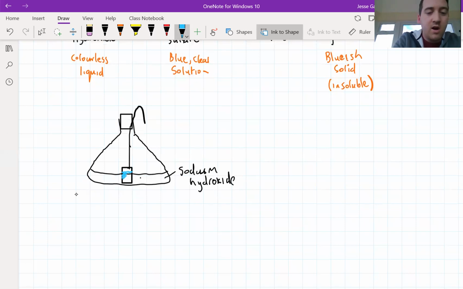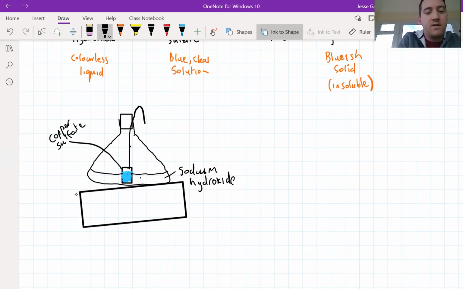So they're not mixed together yet. We've got these two things in the same container, but they haven't reacted yet. They're kept separate.